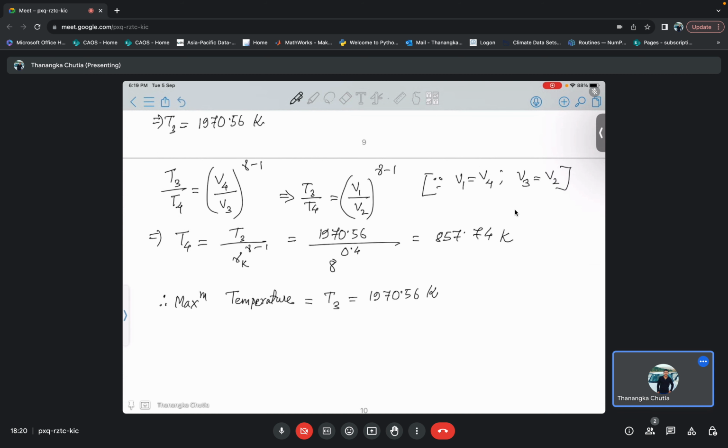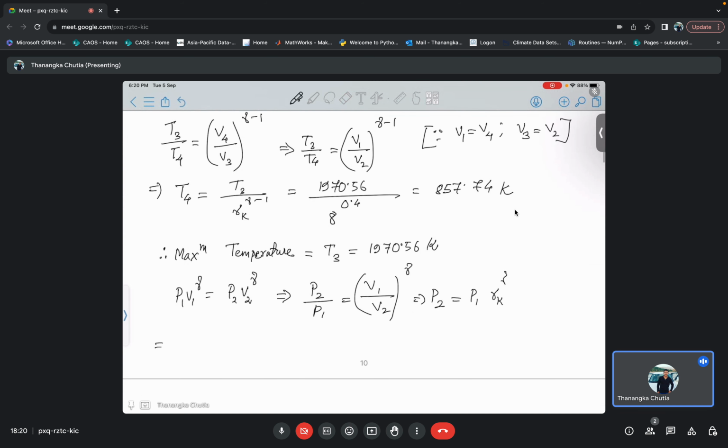Now how to calculate the pressure? From this equation we can calculate: P1 V1 to the power gamma is equal to P2 V2 to the power gamma. Yes or no? So P2 by P1 is equal to V1 by V2 to the power gamma. That means P2 is nothing but P1 into Rk to the power gamma.